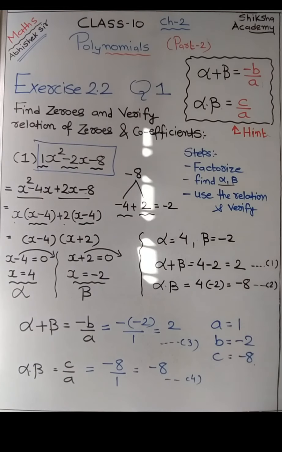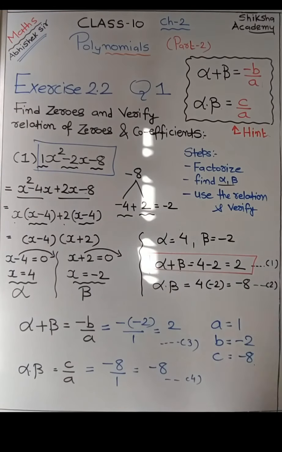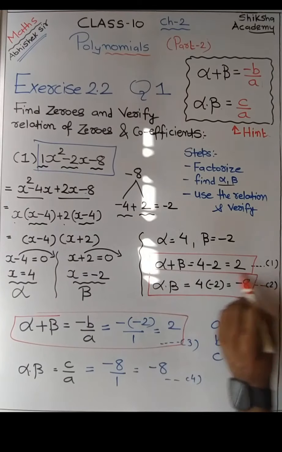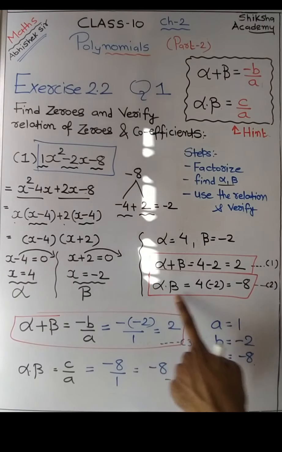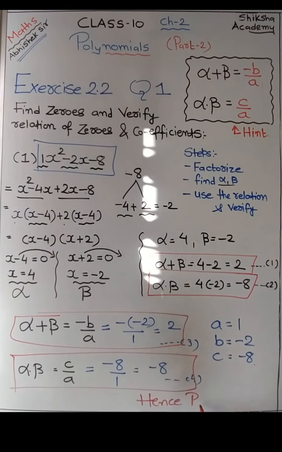Over here we have added just as it is and the answer came 2, and then we have used the relation and the answer is also coming 2, so it is verified. Over here we have multiplied the roots, alpha into beta we got -8, and over here we used the relation and the answer we got -8. Hence we can say that the relation is verified, hence proved.